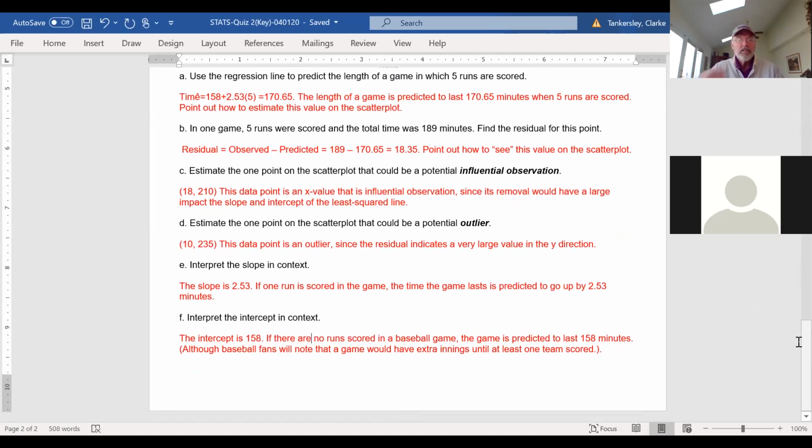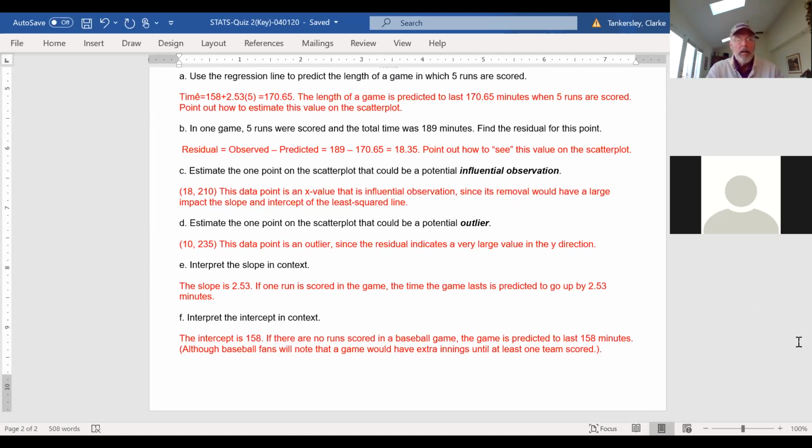And lastly, interpret the intercept. Now, in some cases, we don't ever use the intercept for anything meaningful, but in this case, it is somewhat meaningful.